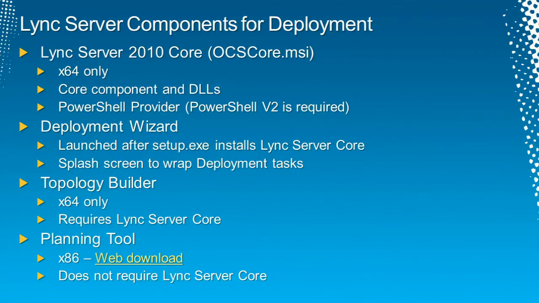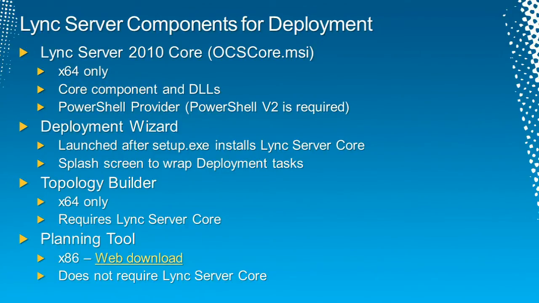We have the deployment wizard, and the deployment wizard is actually the wrapper that you launch when you run setup. So you click on setup.exe, we will install OCS core, and then we will bring up a deployment wizard splash screen, and I'll show you a couple of screenshots in a moment. This is your main page where you navigate and install from.